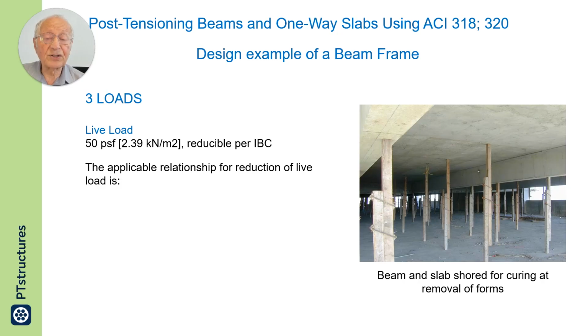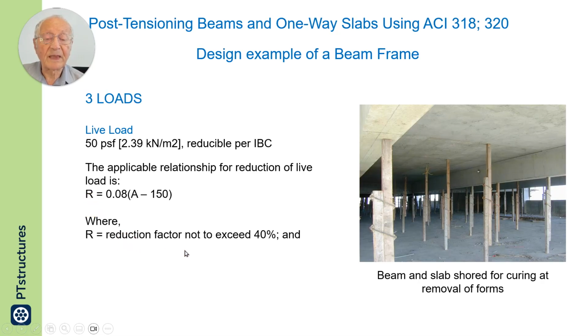There is a relationship for reduction of live load based on the geometry of the structure, and I have used that relationship, which gives me the reduction. So I reduce the live load by 40%. That is the maximum allowable.